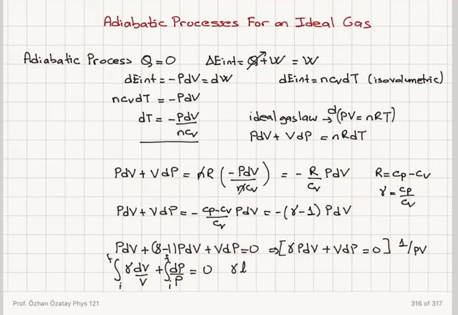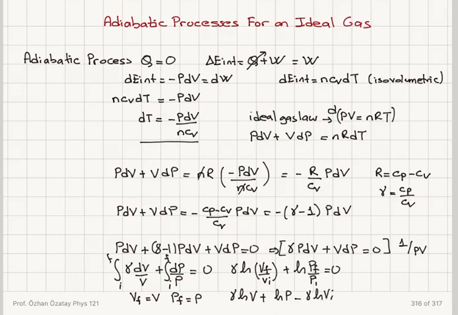So I find gamma ln V final over V initial plus ln P final over P initial is equal to 0. So if I call V final V, P final P, this will be gamma ln V plus ln P minus gamma ln V initial minus ln P initial is equal to 0.